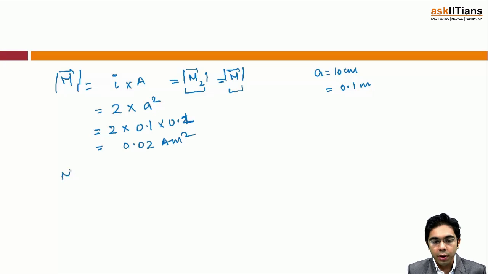So if we look at this, M net will come out to be root 2 m, because this is under root M1 square plus M2 square, and M1 and M2 are the same. So therefore this will come out to be root 2 m.